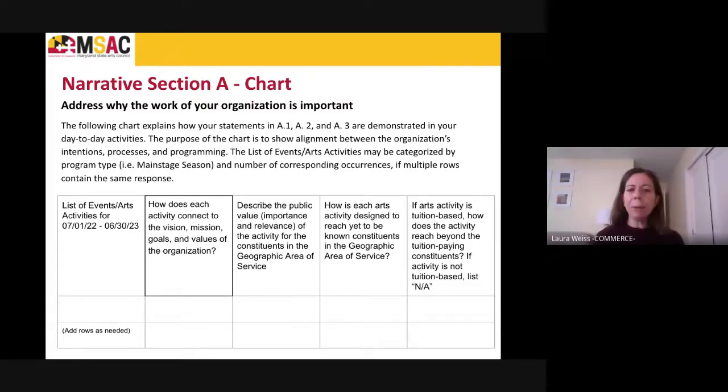So I guess I would approach it, and I hope that I'm understanding the question, Nancy, and we can certainly talk further about any specifics. But let's say there was a class that a theater was offering, for example, a class specifically for middle school students, and their families had to pay tuition to participate in that class.